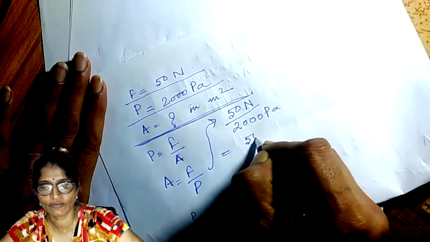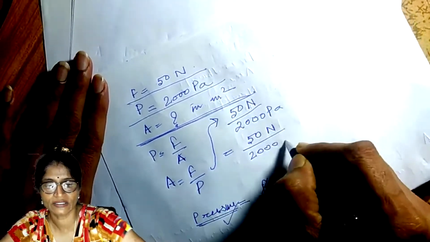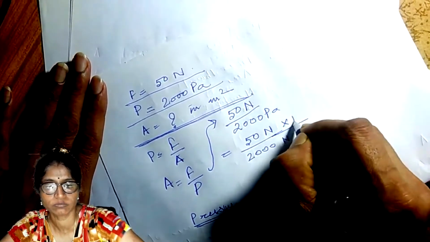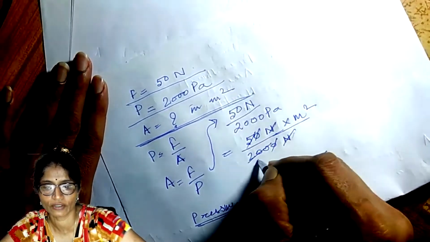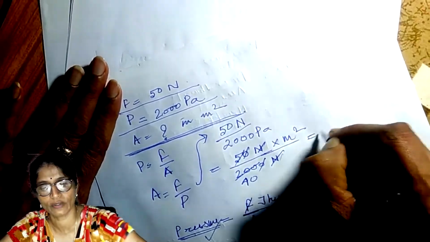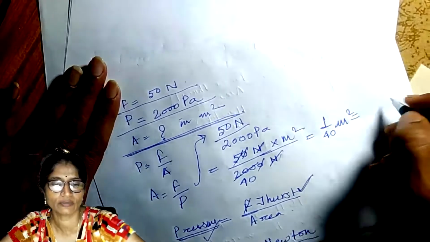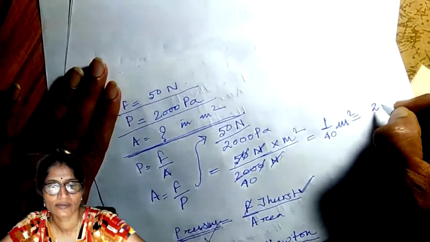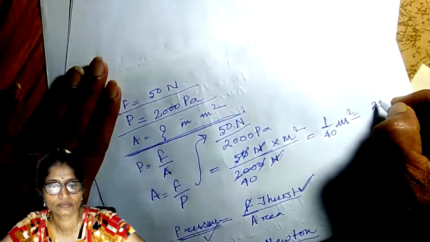That is equal to 50 Newton and 2000 Pascal, which is Newton per meter square. Per meter square will go up, so meter square. Here it cancels, 5 and 40. So it is equal to 1 by 40 meter square.